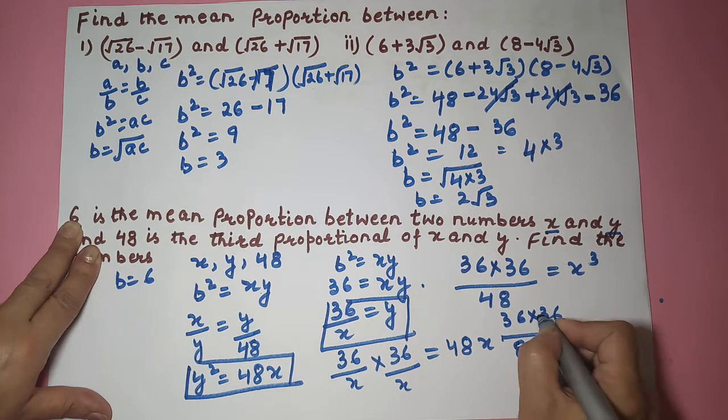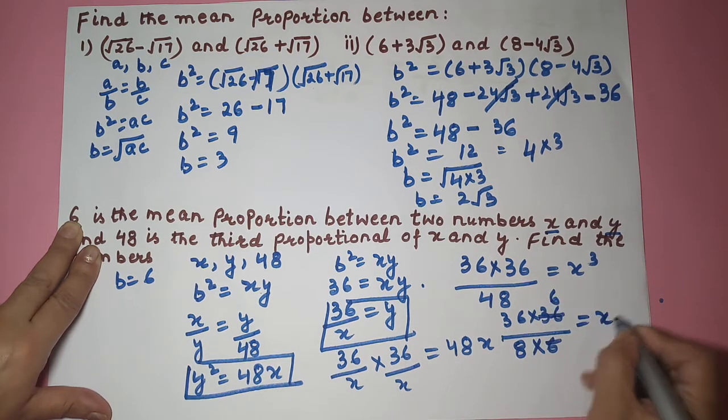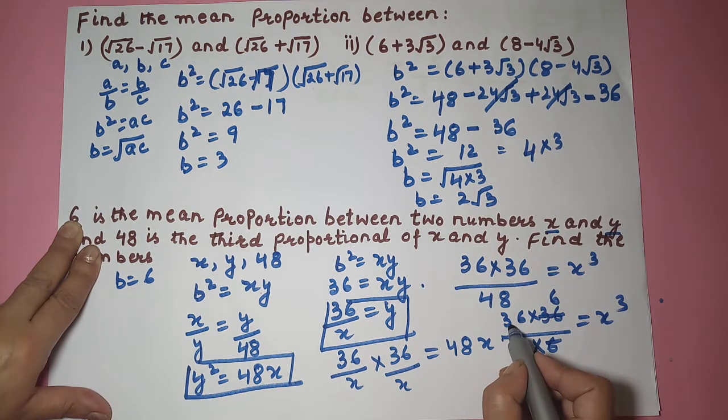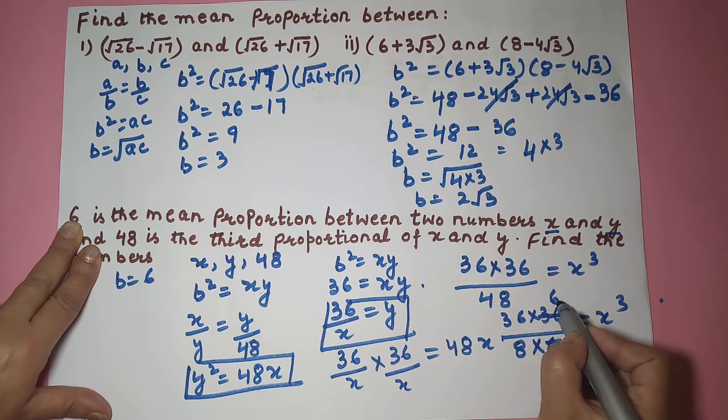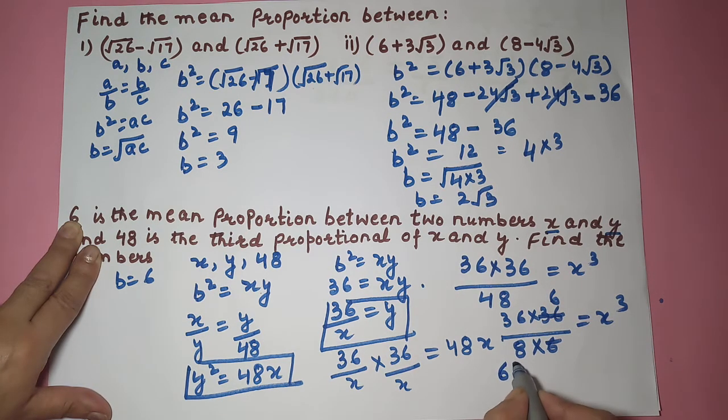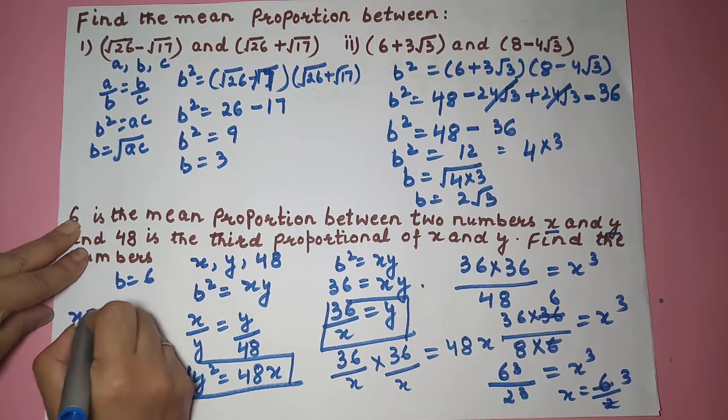So 1 6 will go, equal to x cube. Now 36 has 2 6's and here I have 1 6, so it becomes 6 cube divided by 2 cube is equal to x cube. So can I have x as 6 by 2? 2 3's are 6. So I got the value of x as 3.